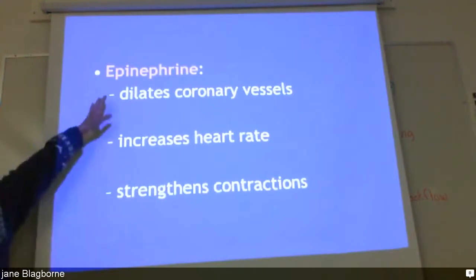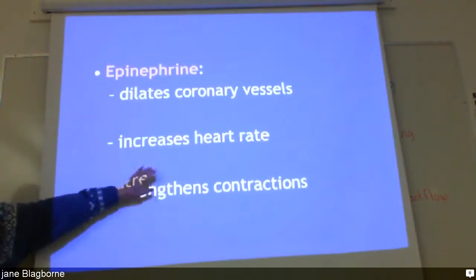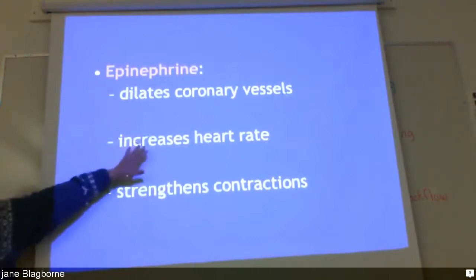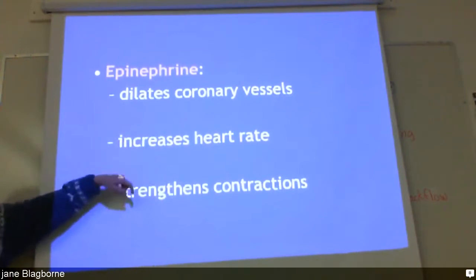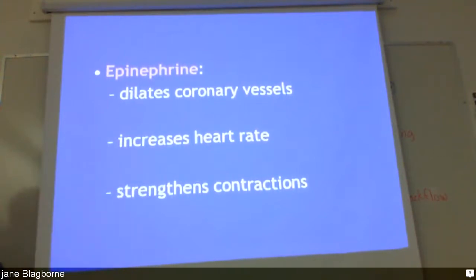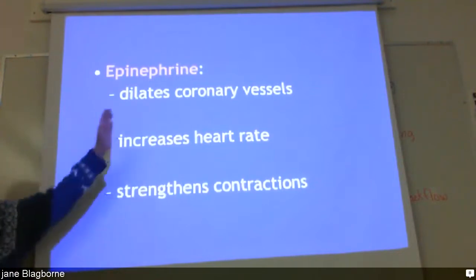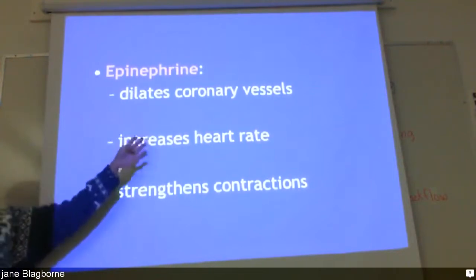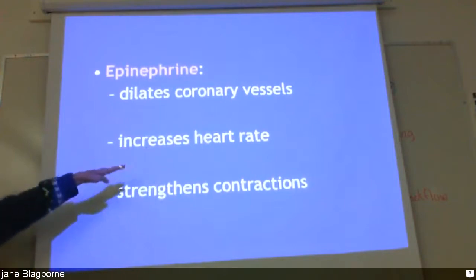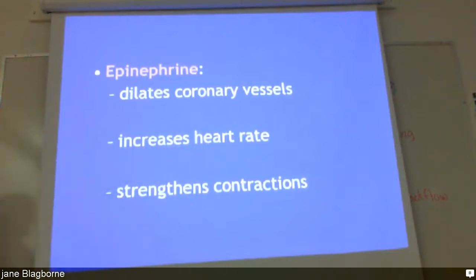So you'll use epinephrine if someone comes in in cardiac arrest, to get their heart started or going, because it does exactly what you're looking for in a drug: it stimulates the heart rate, strengthens the contraction, and dilates the coronary arteries. And hopefully it will help you save that person's life.